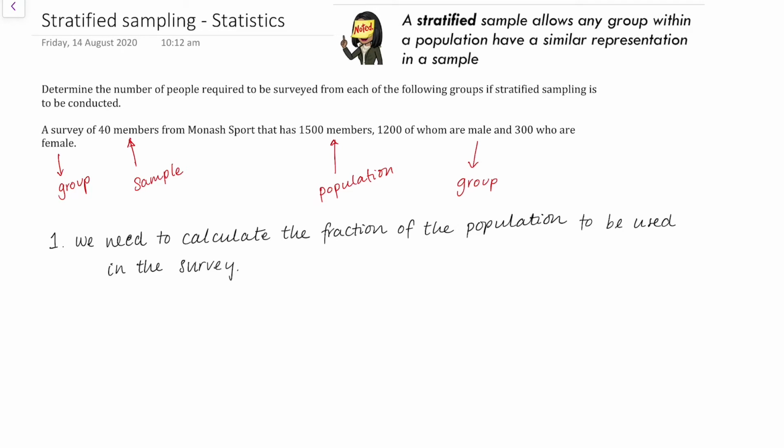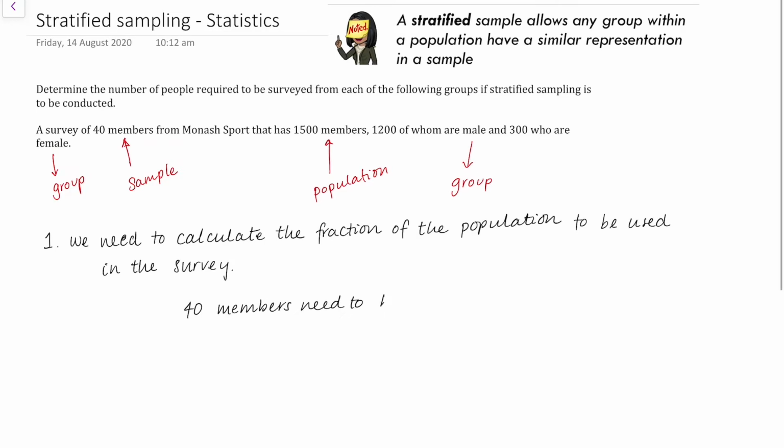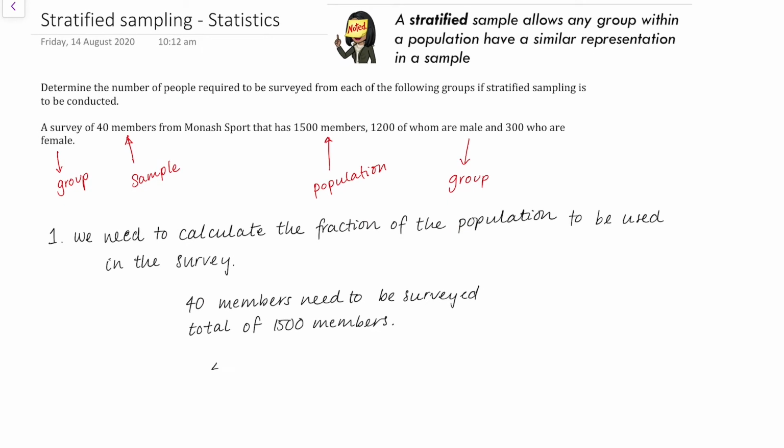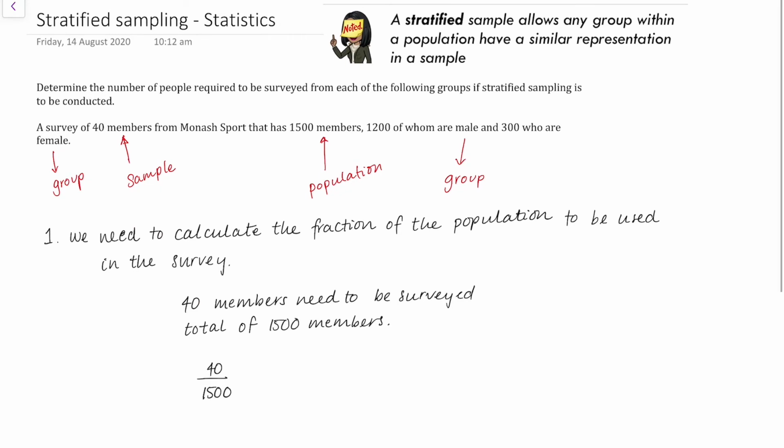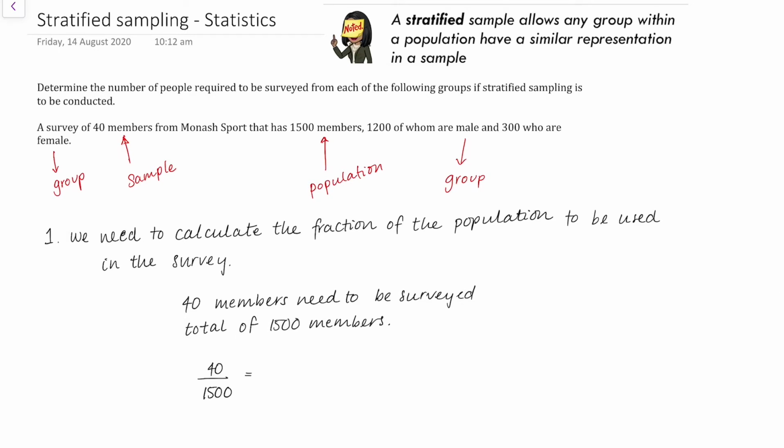We need to survey 40 people, and we have a total of 1,500 members. So now creating this fraction, we're going to do the 40 members we're wanting to survey out of the total of 1,500. Now using our fraction skills and our simplification, that will be simplified down to 2 divided by 75.